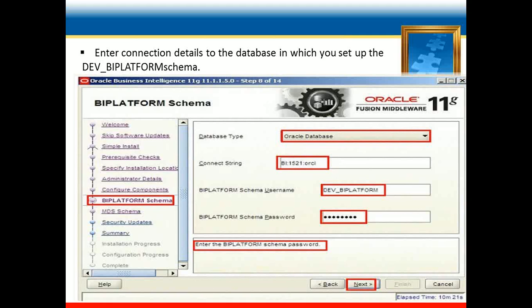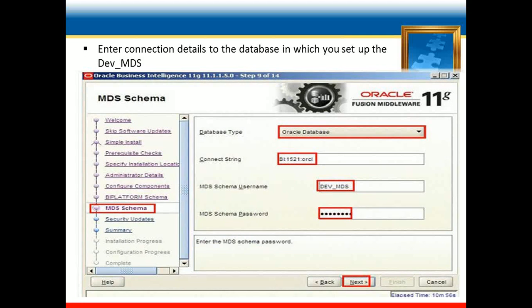Enter the BI platform schema's password here, and then hit next, and the next screen automatically gives the name for the MDS. It is automatically selected, and we just need to check it over here.